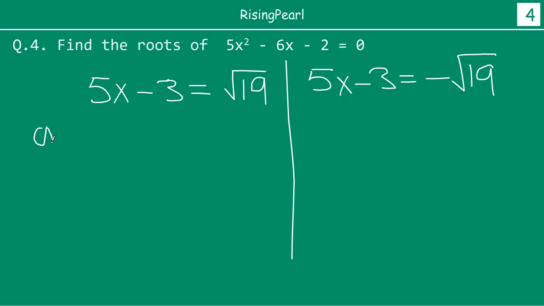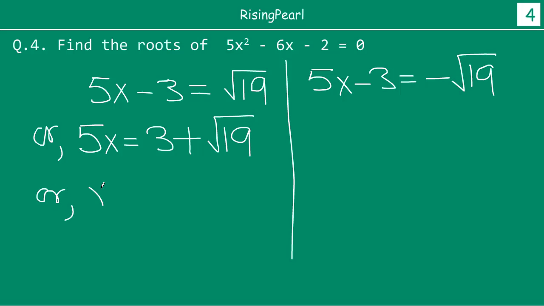If we solve this here, we will get 5x equal to, the minus 3 will become plus 3, 3 plus square root 19, or x will be, we divide both sides by 5, 3 plus square root 19 divided by 5.